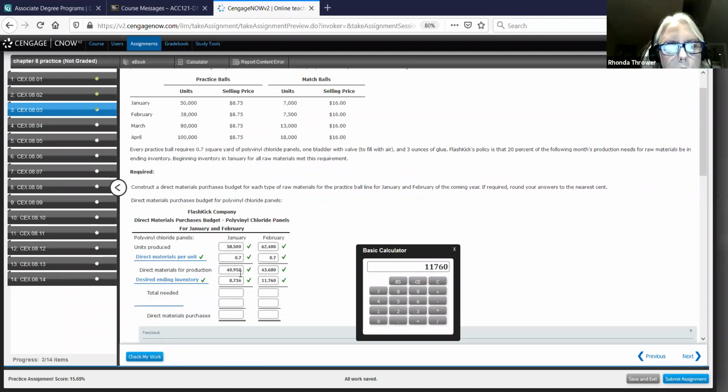And then we're going to combine the two of these together to get the total needed.